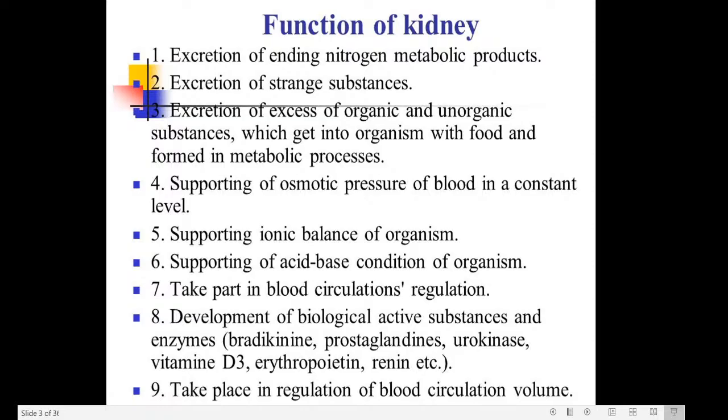Based on the osmotic pressure of blood alone, our blood system circulates, so that is very important. Then ionic balance of the organism is very important. Then acid balance is also supported by the kidney. These are all the functions.